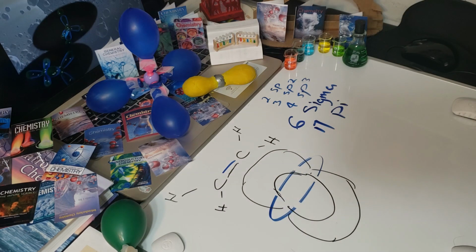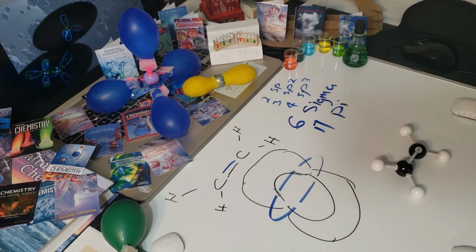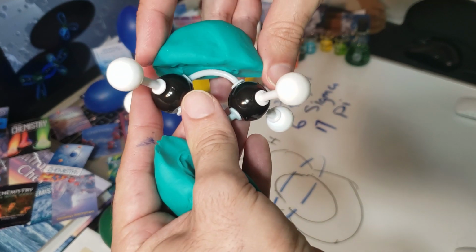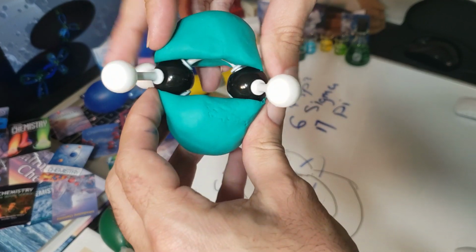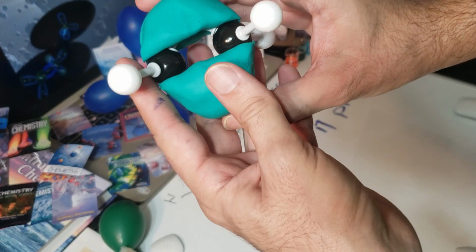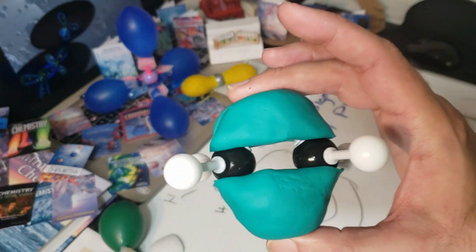And this pi cloud, we call it the pi bond, and it forms the nature of reactivity for this molecule. So there is a pi cloud on the top and a pi cloud on the bottom. These two pi clouds form the one pi bond that we talked about, the double bond. Okay, that is how the ethylene molecule is reactive.